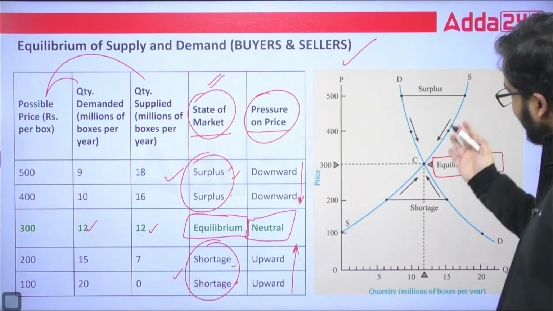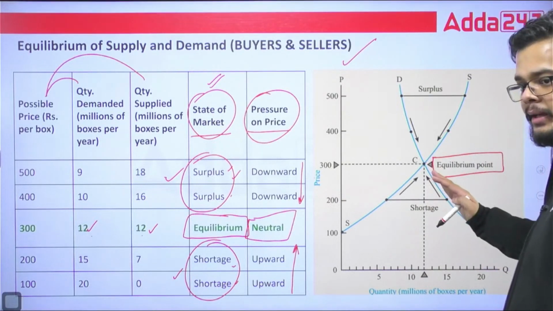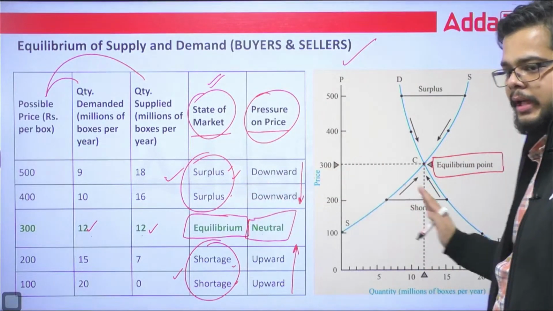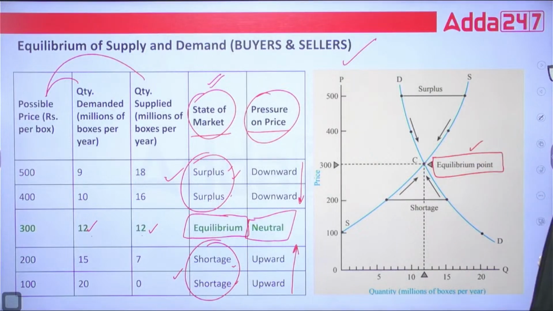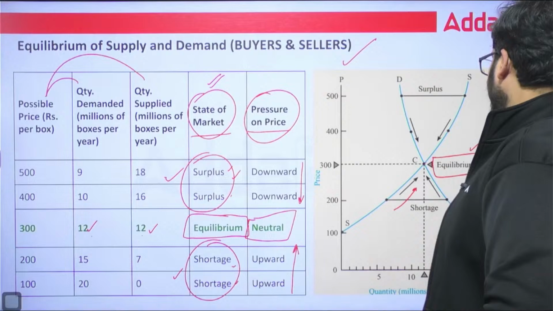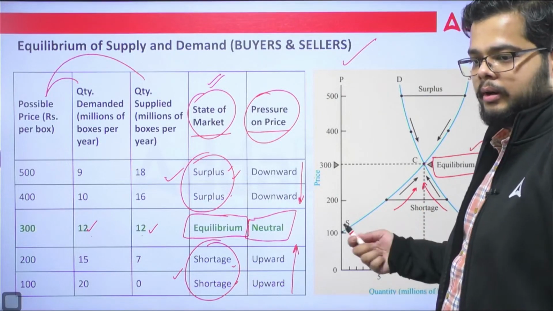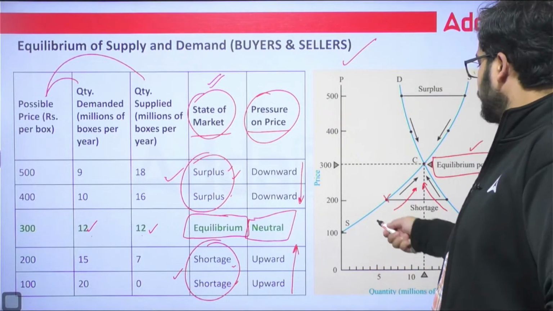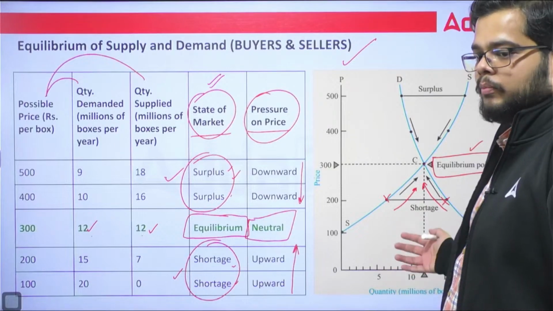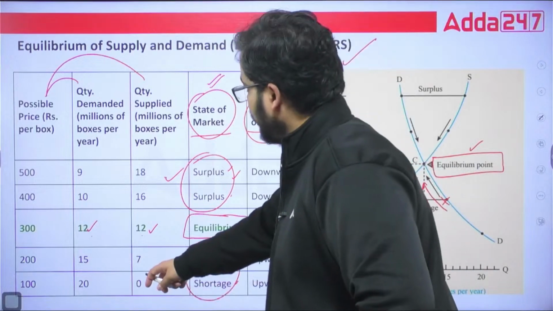And if the supply is moving down and the demand is rising, then again we will have one point. Apart from whatever we have studied, I am just giving you some additional info. When the supply is rising here and the demand is also tending to rise, we will see a shortage. Demand is more, so we will see the shortage here.